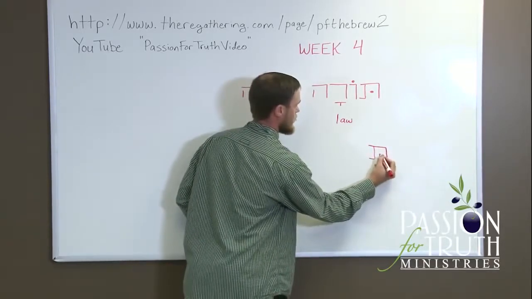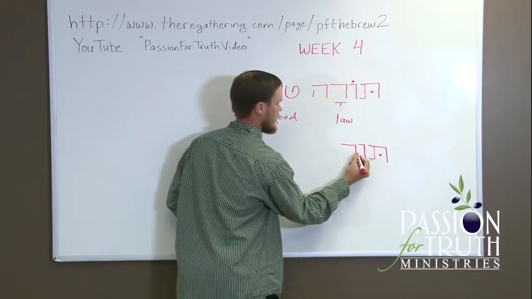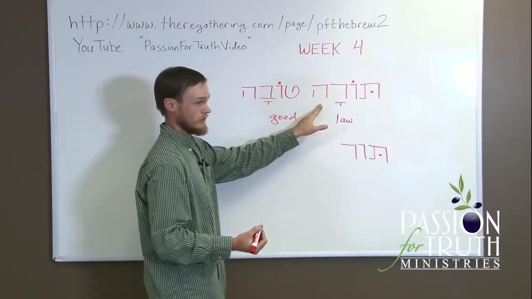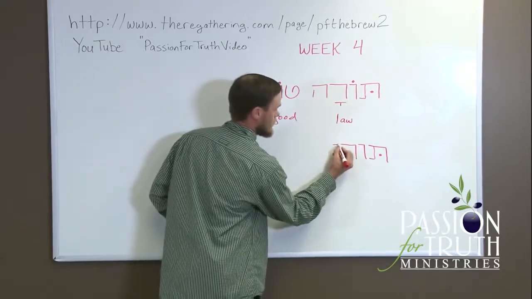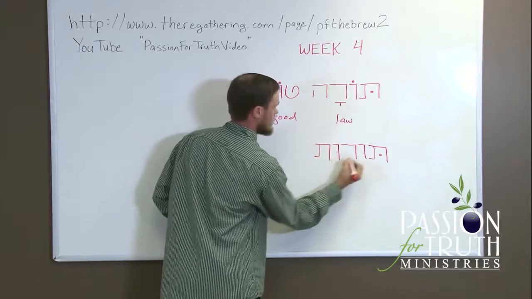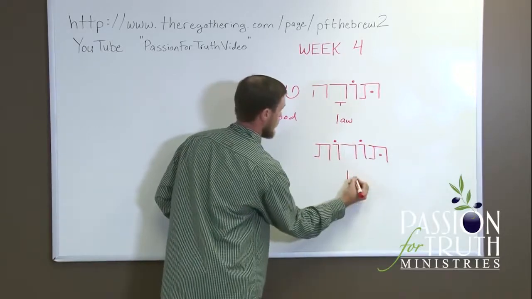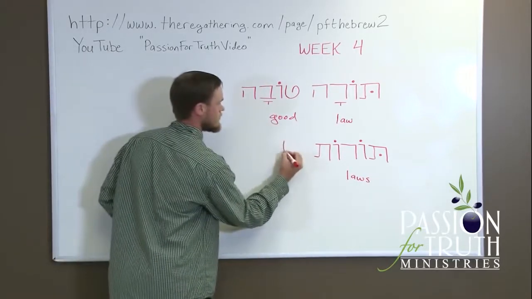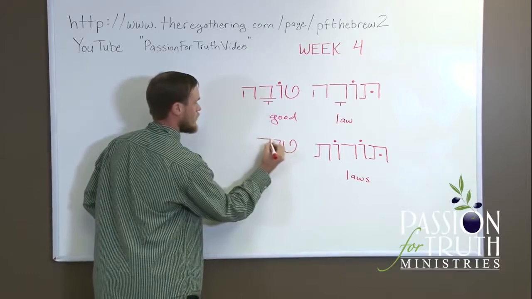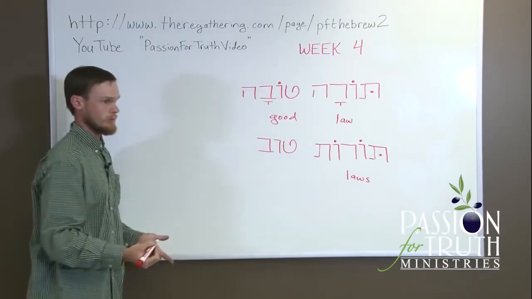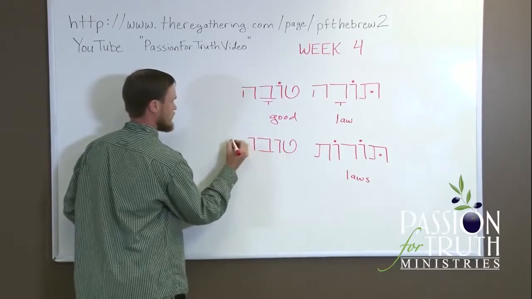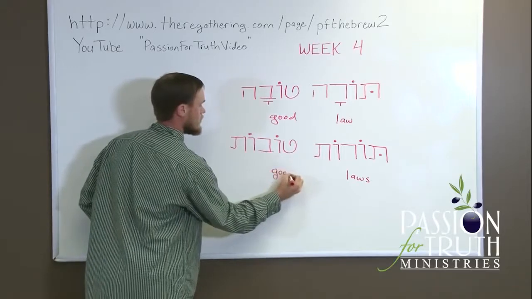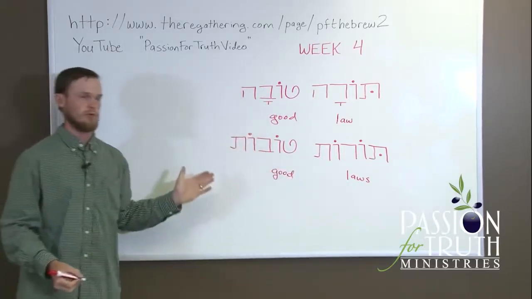Plural of Torah, since it's feminine, it will take ot, and since it ends in a hey, the hey will disappear when the suffix is added. So Torot is laws. Good laws. We'll add the feminine plural ending to tov. So Torot tovot. Torah tova, Torot tovot.